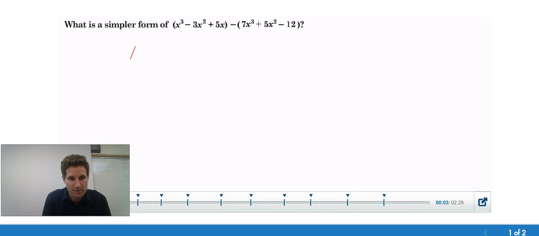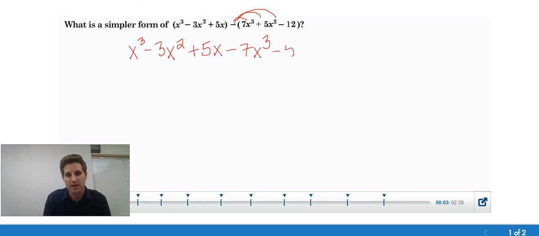The way we do it is the first set we just write out. And then we distribute the negative. This is very important. We're going to distribute the negative, so it becomes a negative 7x to the third, negative 5x squared, and then it becomes a positive 12.